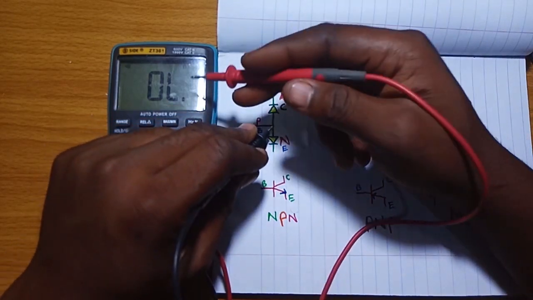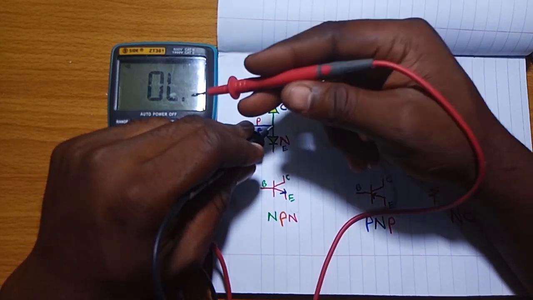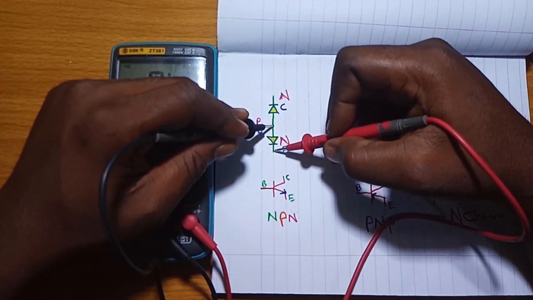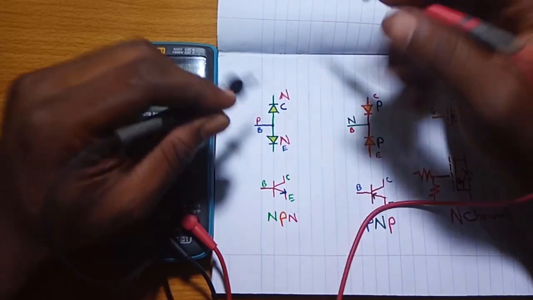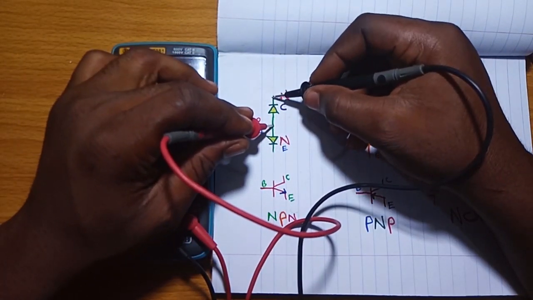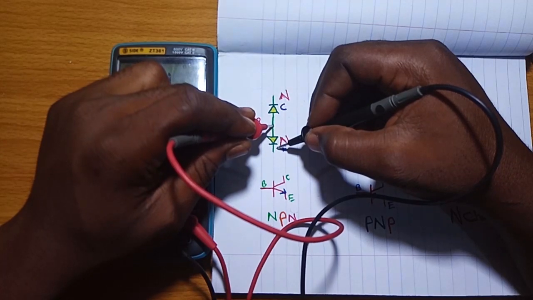So you won't see any reading in the multimeter. Likewise, once you check it and you do not get any reading, all you need to do is to interchange your probes. Once you get a reading here and here, you will know that it is NPN.